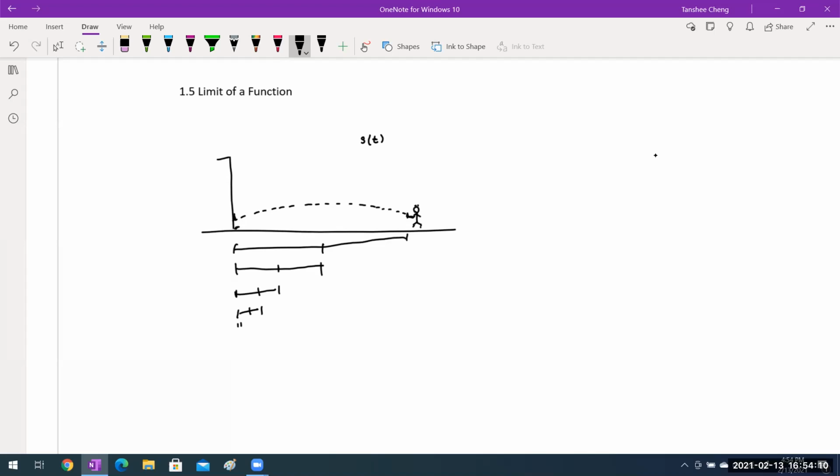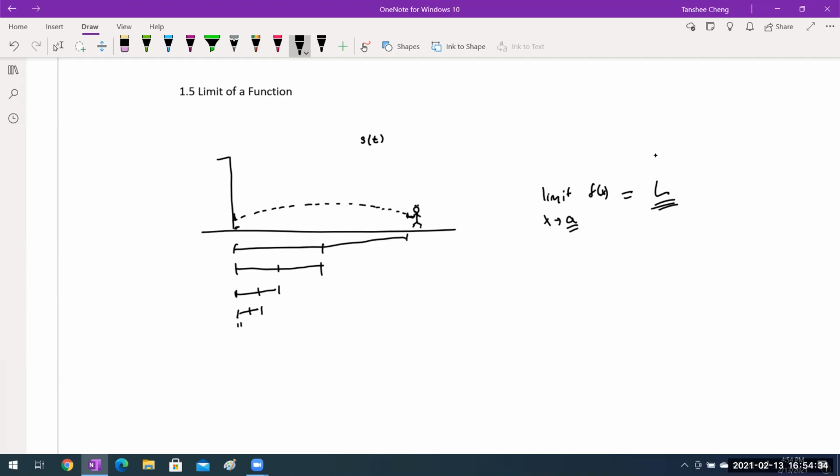When we talk about the limit of a function in this session, we are talking about a value when the x value is getting closer and closer to a certain number, and what the outcome is going to be.